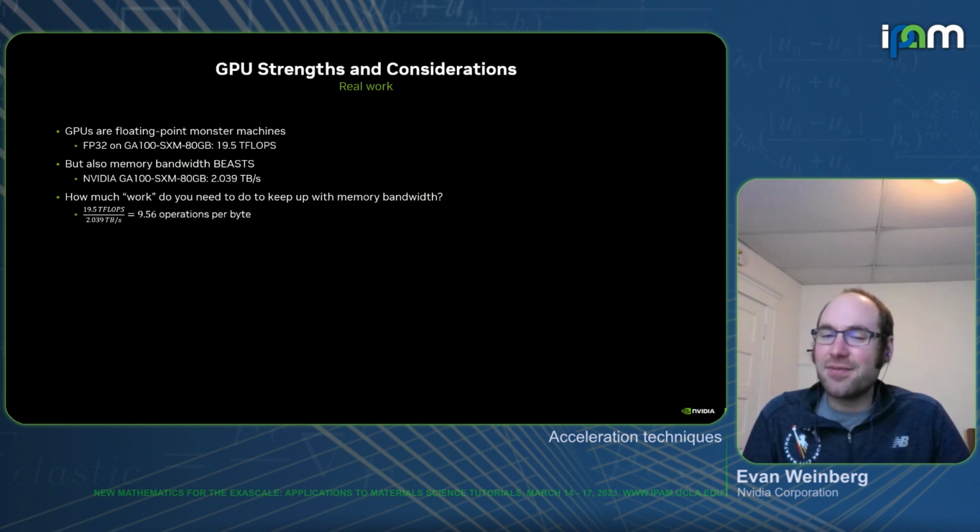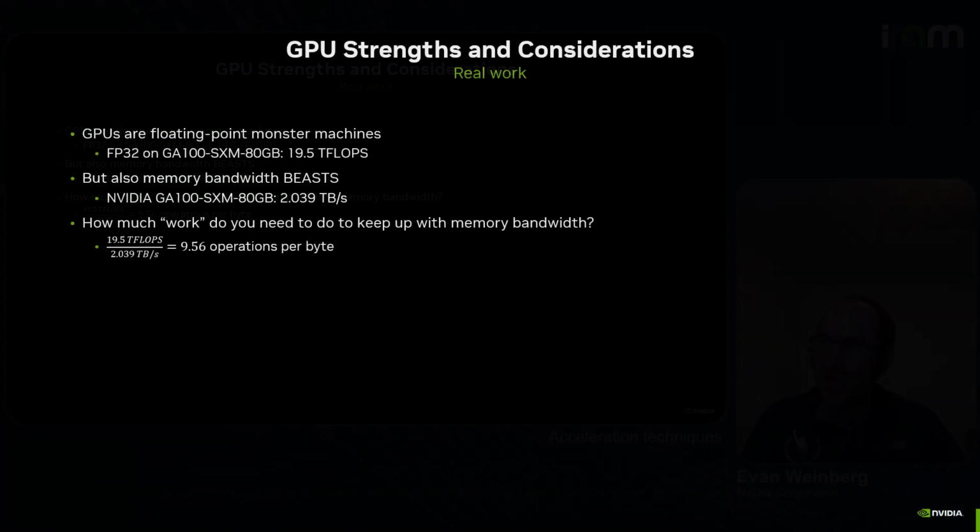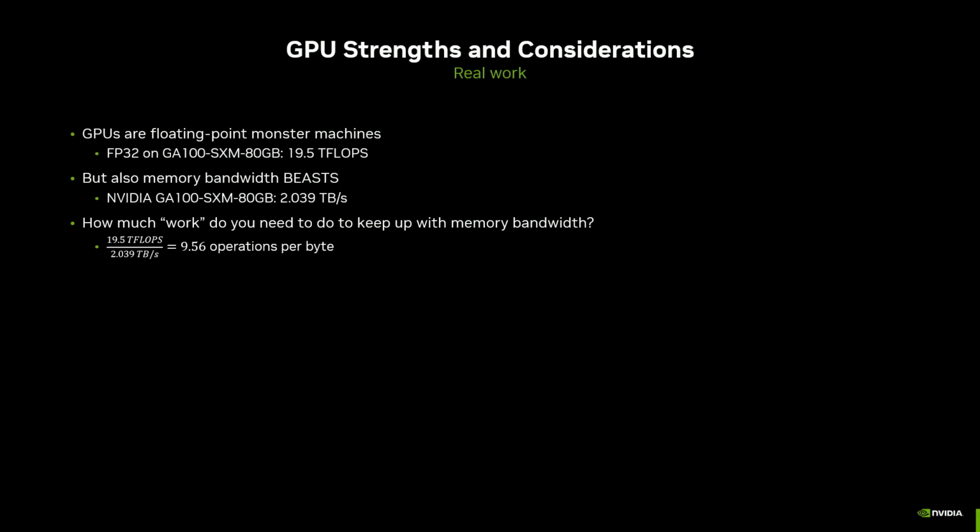And this is the first way in which you need to think about GPU work a little differently. So, we're going to do some kindergarten division. If you take 19.5 teraflops and divide it by 2 terabytes per second, if you want to shift from writing an algorithm that's just bound by memory bandwidth to something that's actually doing more compute, that's almost 10 operations per byte.